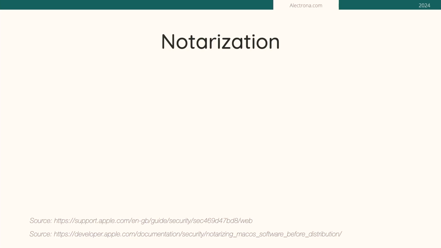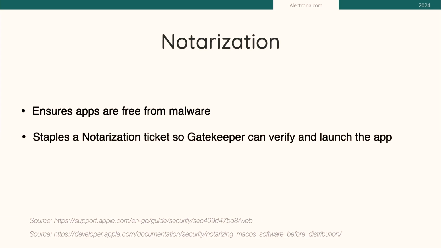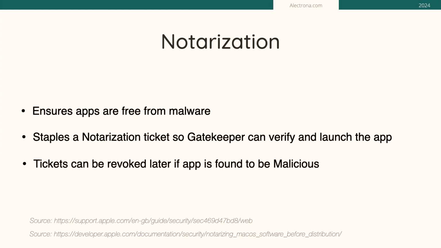Notarization. This ensures that the apps are free from malware. This is another service provided by Apple. It staples a notarization ticket so Gatekeeper can verify and launch the application as well. So this is also another way to protect against malicious files or malware being installed in the system. An app can be notarized, and that ticket can be revoked later if it's found to be malicious.